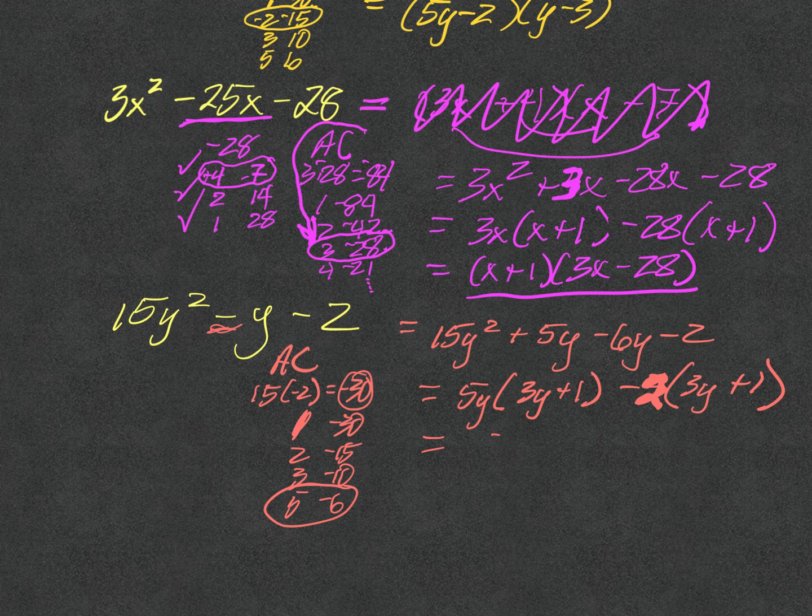And then we factor the common group, 3y plus 1, and we get 5y minus 2. And so there's our complete factorization. So there's some examples. So now let's go to the next page and do a couple more complicated examples using the AC method.